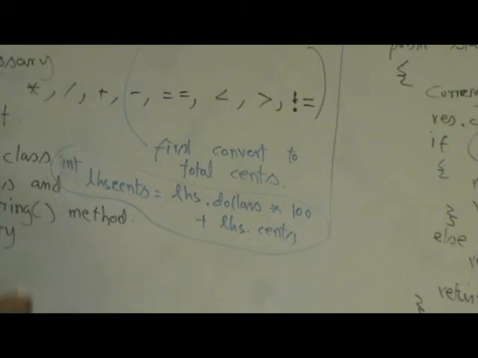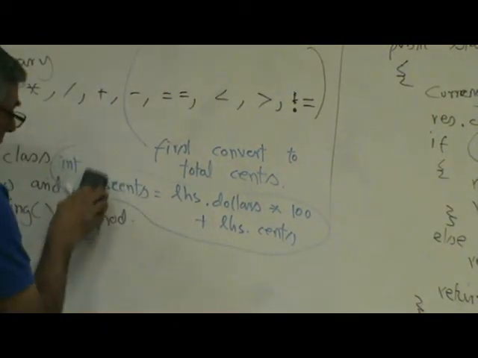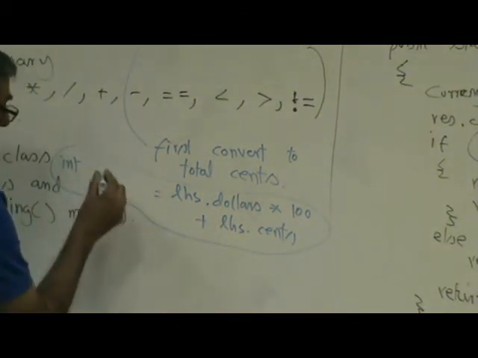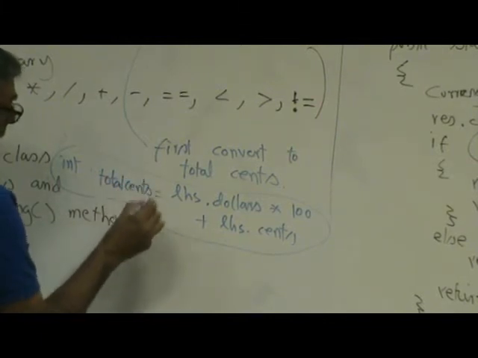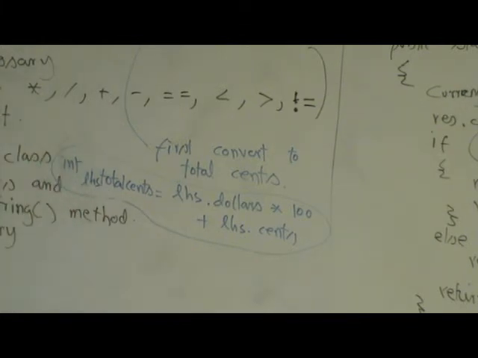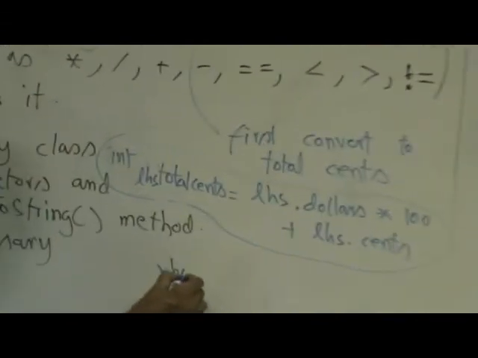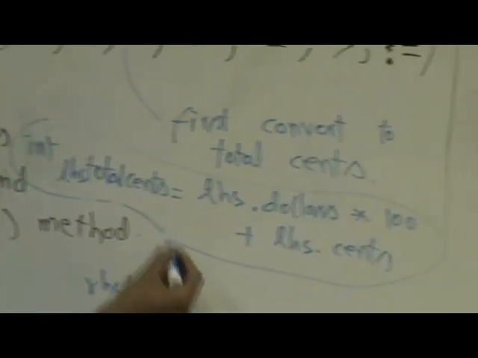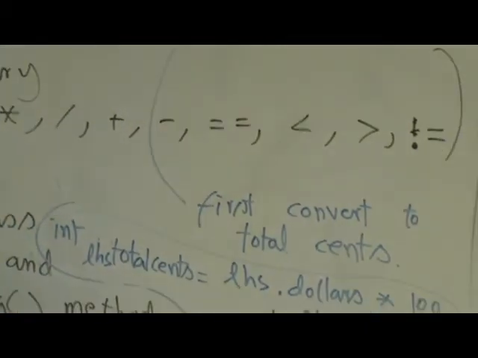So pretend this is a new variable. This is not LHS.cents, so that it's not confusing, let me call it LHS total cents. How about that? Okay. So very similarly, you will find right-hand side total cents by the similar formula. Multiply this by 100 and add this.